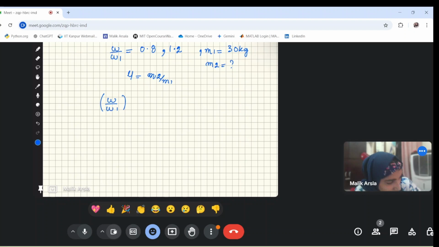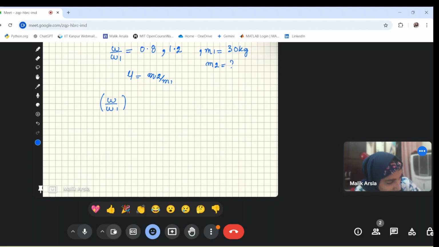So these are the two values of mu which we are getting. For designing purposes, obviously we will take the larger value, so we consider mu equal to 0.2.